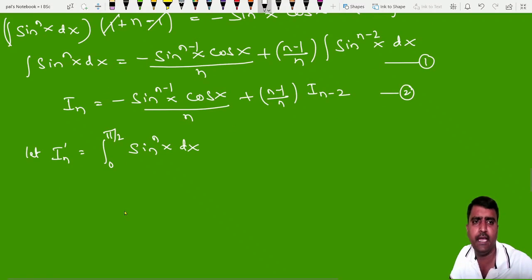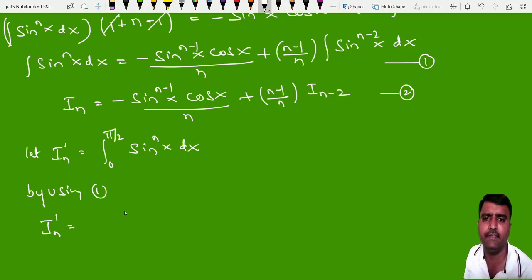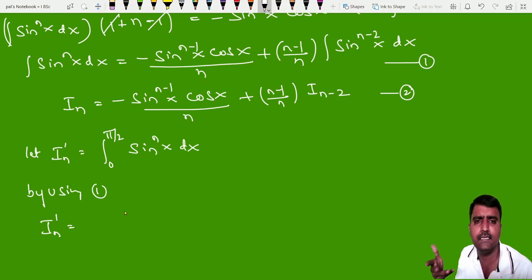From 1 we have that In dash is equal to, we already evaluated the integration of sine to the power nx dx. In the same result you just apply the limits.